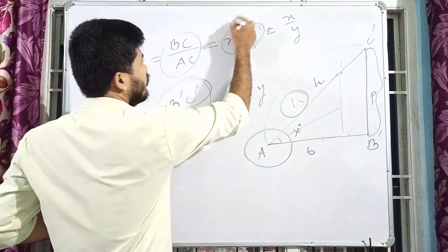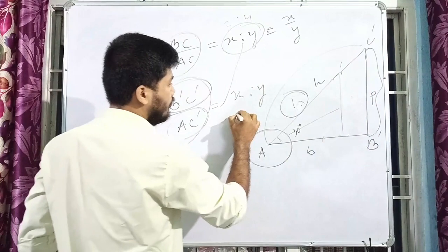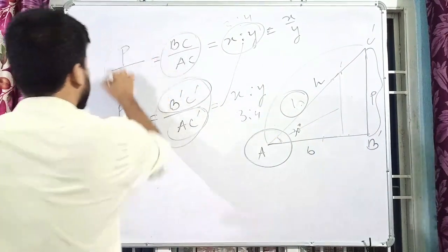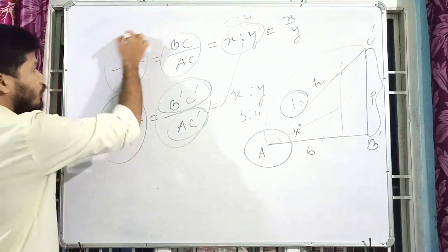Say this is 3:4, then after extending the side, the result is also 3:4. So that ratio is special.